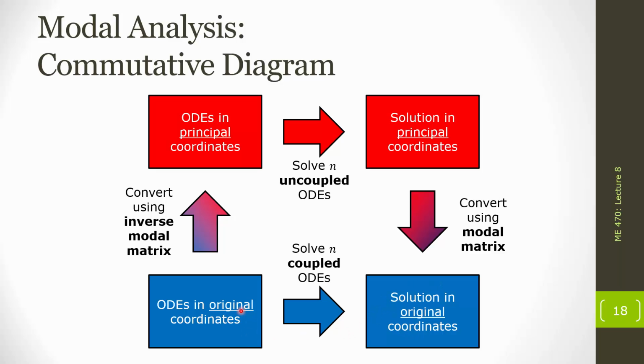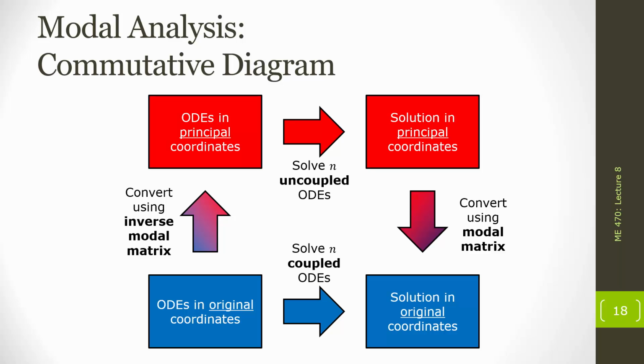So what we did in the 2 degree of freedom case is we took those ODEs in our original coordinate system, and we were able to solve those n, in that case 2, coupled ODEs and get right to our solution in our original coordinates. So that was great for 2 degrees of freedom.